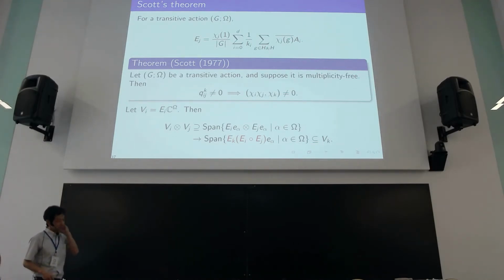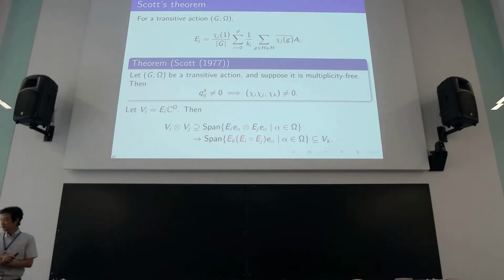To get the conclusion, you need to show that the irreducible representation phi k appears in this tensor product phi i tensor phi j.